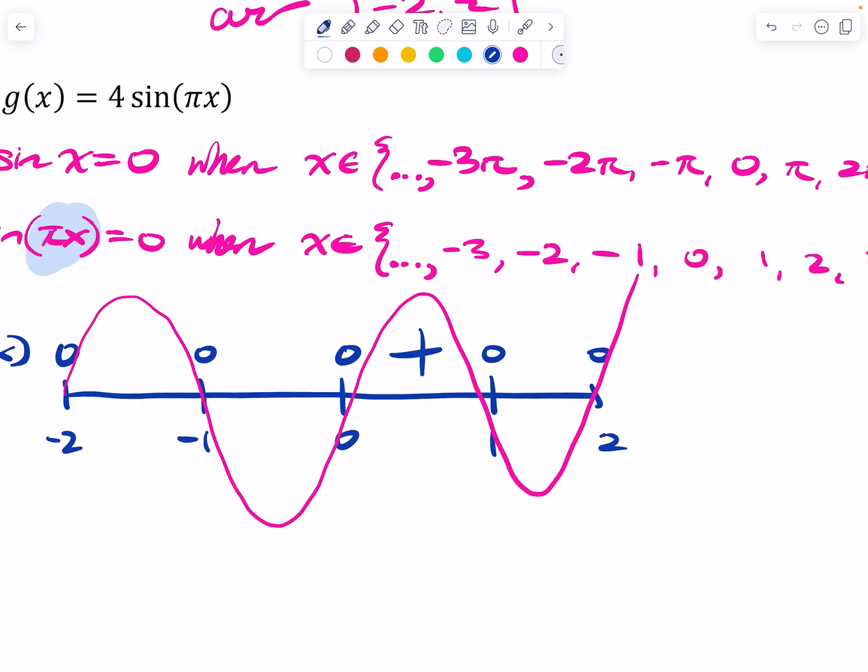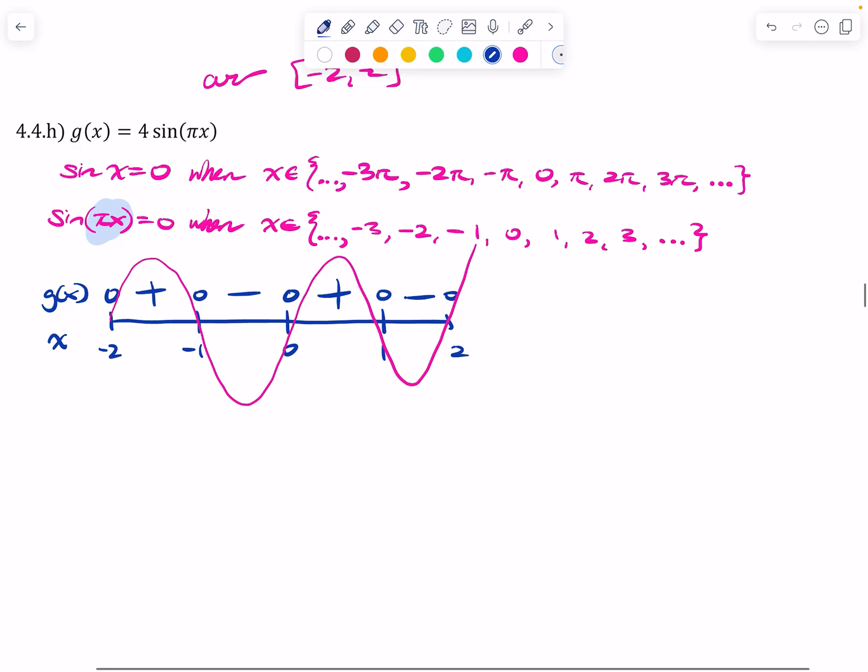So we can see we're positive from 0 to 1, negative after that. We're also negative from -1 to 0, and positive from -2 to -1. That's probably the easiest way to get that sign diagram, is just picture the function. You know the sine function bounces up and down, so plug that in. Again, anything in pink, not necessary, but can help.